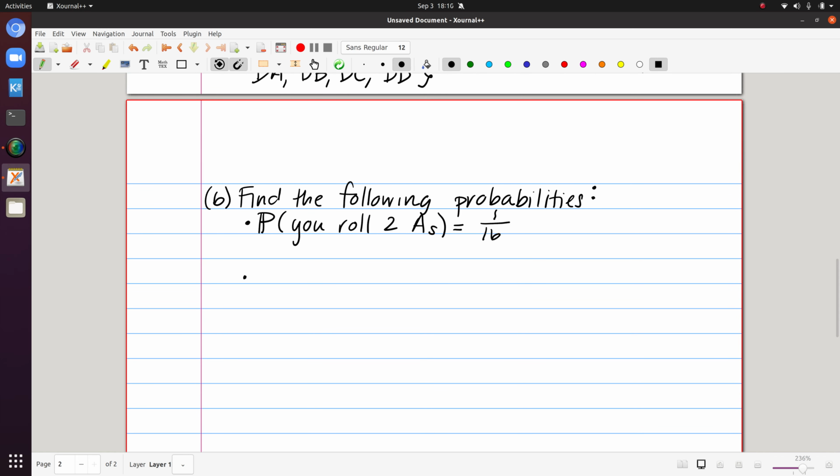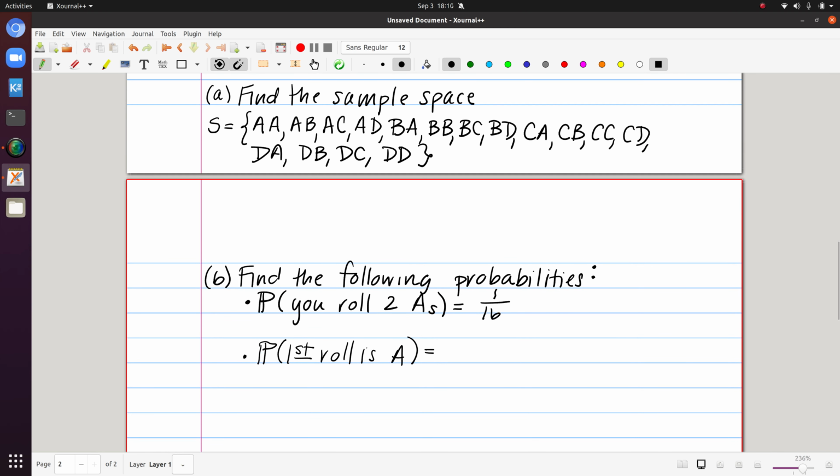The next one to consider here, what's the probability that the first roll is A? Now here, I can really approach this a couple different ways.